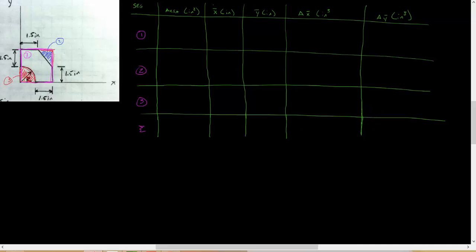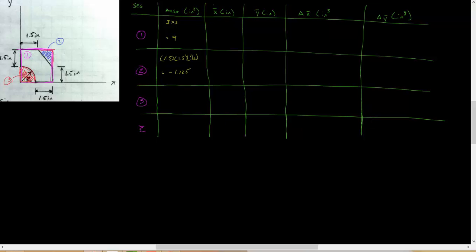On area number 1, the entire section, I have a 3 by 3, and this is going to be 9 inches squared. Number 2 is going to be 1.5 times 1.5 times 1/2, which is going to be negative 1.125 inches squared.